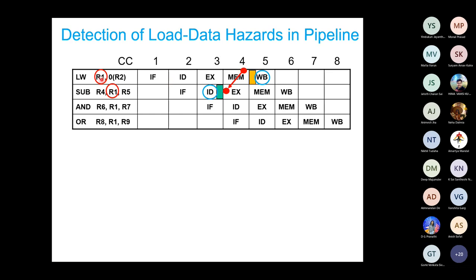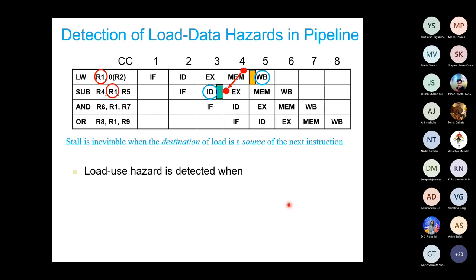So we need to insert a stall. We need to first of all recognize that there is a hazard, and then insert a stall. So first of all, let us see how I recognize that such a hazard has occurred. Here the stall is inevitable. We discussed that, right? So when do I detect that a load-use hazard has occurred? What sort of register do I need to check?